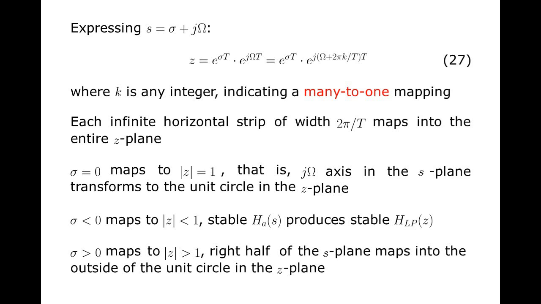And sigma greater than 0 maps to absolute value of z greater than 1, that is the right half of the S plane maps outside of the unit circle in the Z plane, which is not a stable one, because poles lying on the right half of the plane provide instability of the system. So this is the mapping of the S plane into the Z plane. This has to be remembered because it is very important.